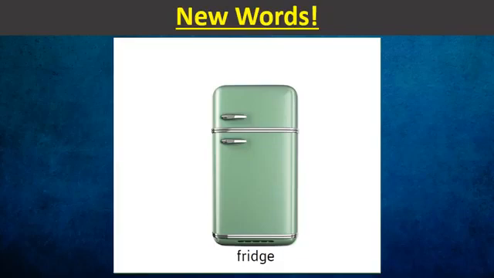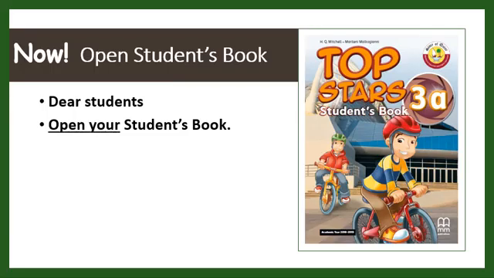Alright, thank you very much for listening. So, this was the first target of our lesson, which is identifying food. Now, I would like you to open your student's book, pages 86 and 87.